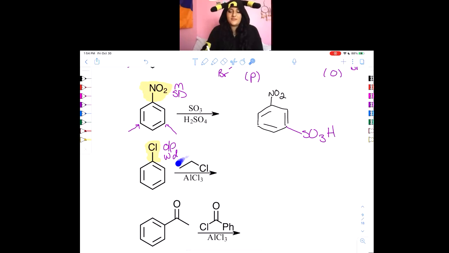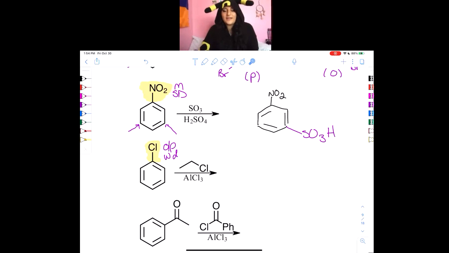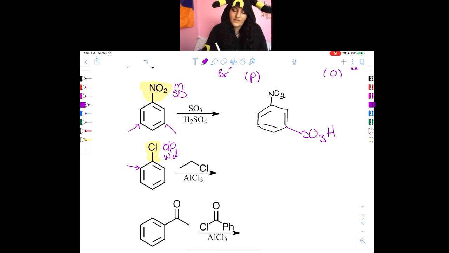So, what reaction is this? Friedel-Crafts alkylation, exactly. So whenever you have a Friedel-Crafts, you have to be careful. Is Friedel-Crafts going to happen with a weak deactivator? Yes, it totally could. So we could either add here, here, or here.